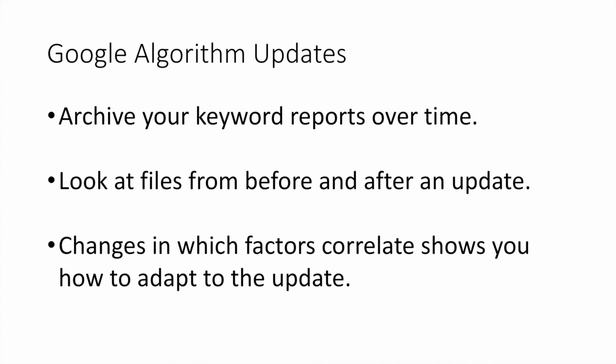I've been using this technique for years, and it takes a ton of the stress away about these algorithm updates, because when an algorithm update happens, first thing I ask, did my rankings change? If yes, then let's go see what factors are correlating strong for those search terms.